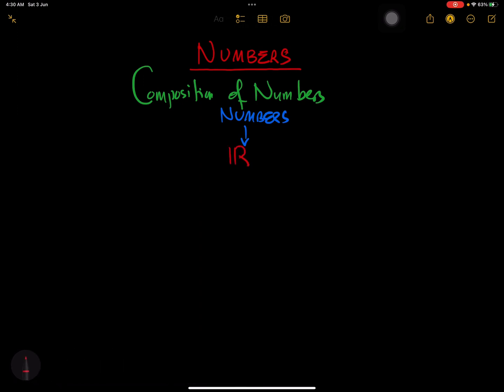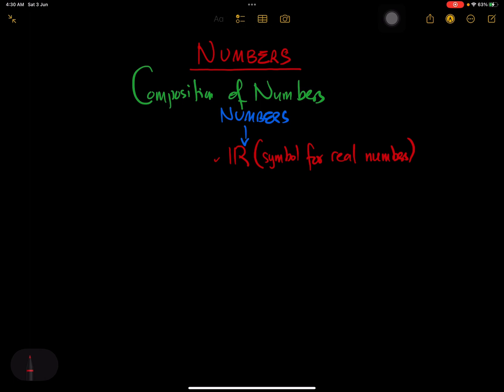We say that this is a symbol for real numbers. Every number in the world is a real number, and that's the first thing that we have identified.